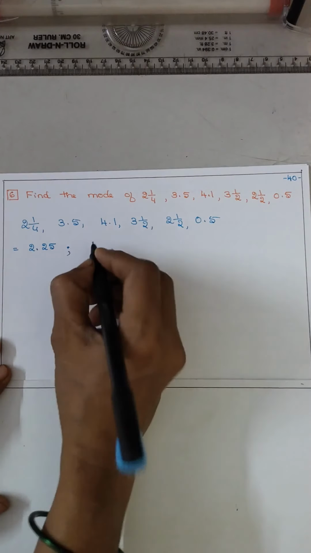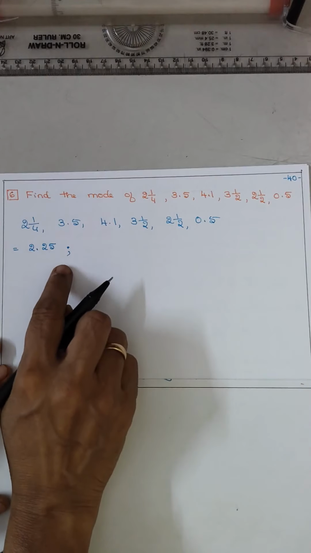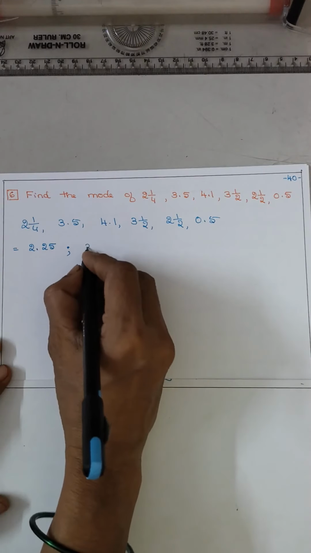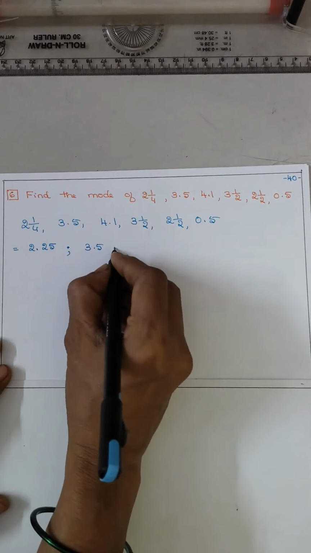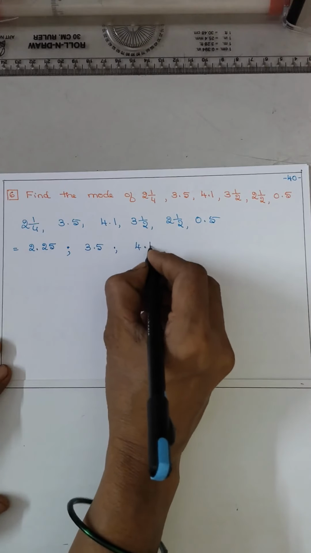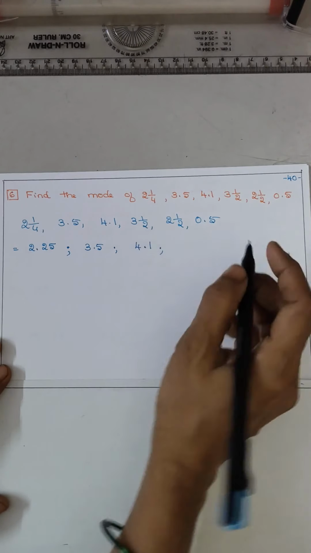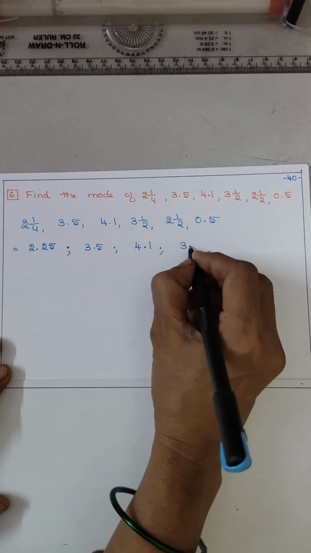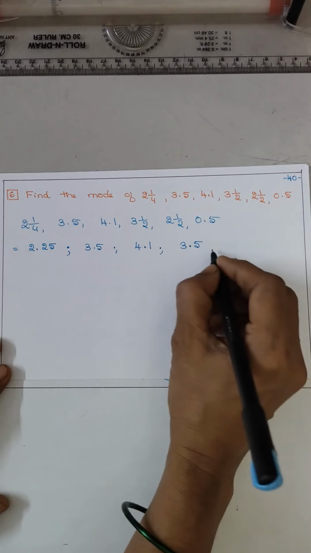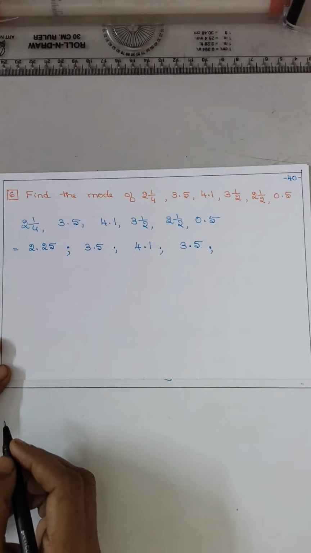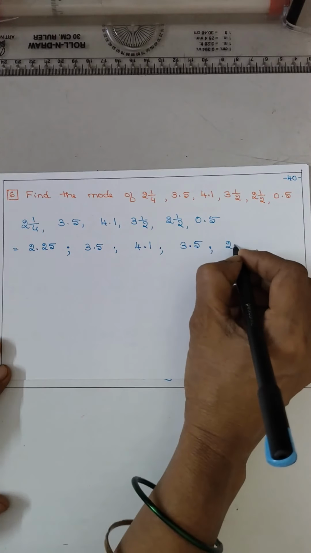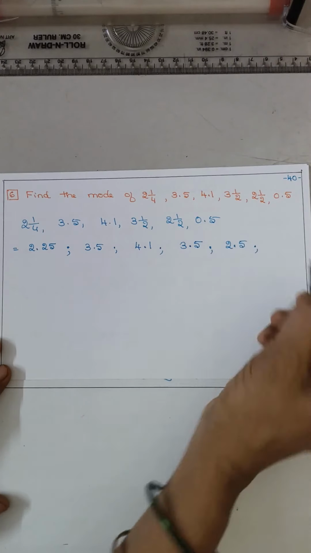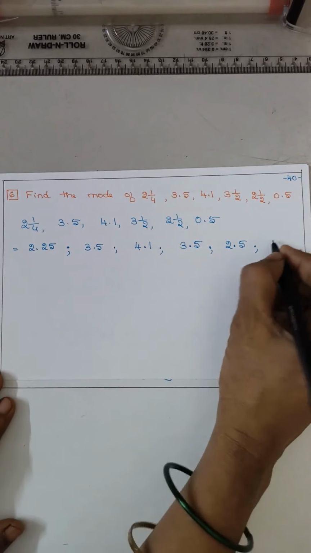Now 3.5, now 4.1, now 3.5, 2.5, 2.5. And last is 0.5.